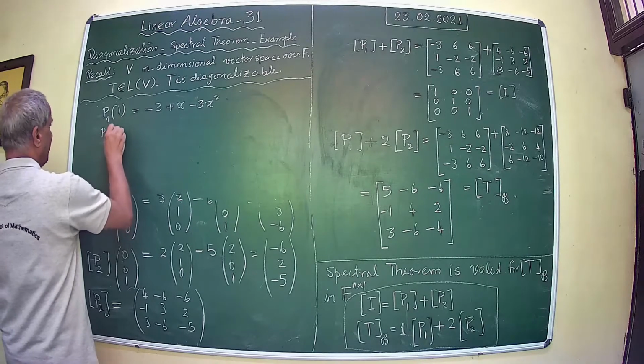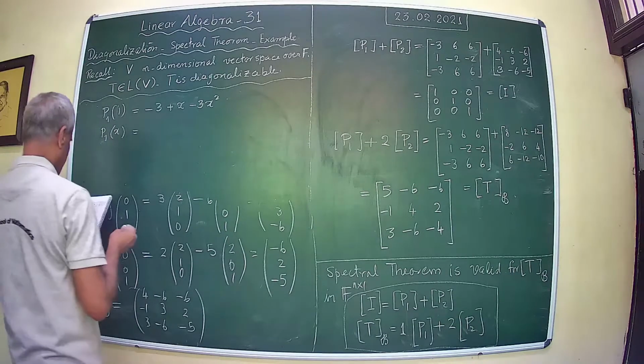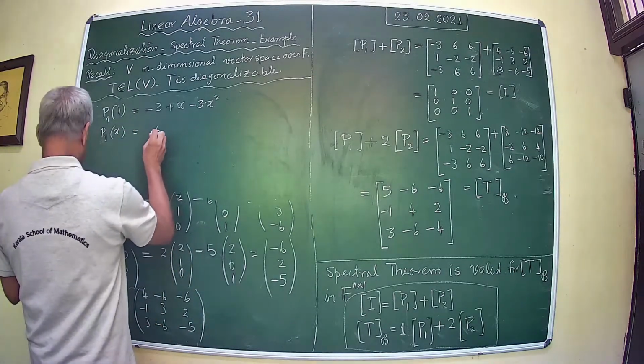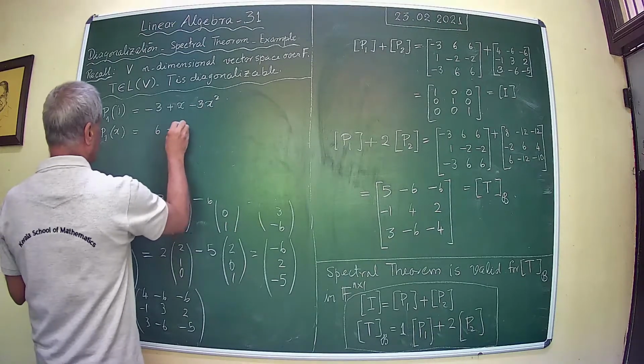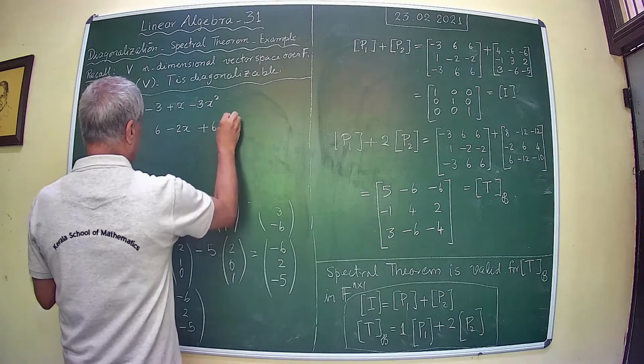P1 of x equal to 6 minus 2x plus 6x square.